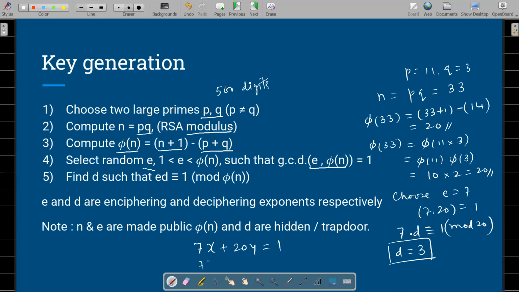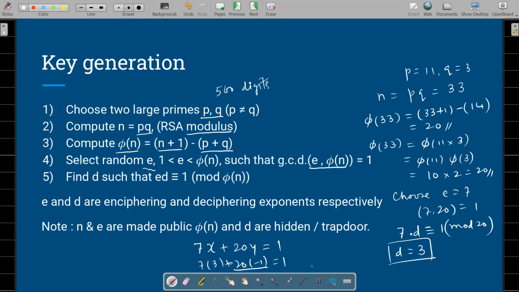So for example, 7 times 3 plus 20 times (minus 1). But this can be done by the Euclidean algorithm for big numbers. Because it's small, here I'm just directly giving the answer. Yeah, using linear Diophantine equations in two variables. So when I work modulo 20, this part will become 0.